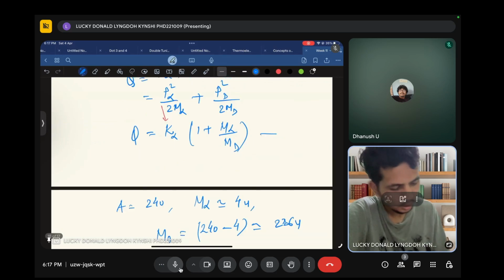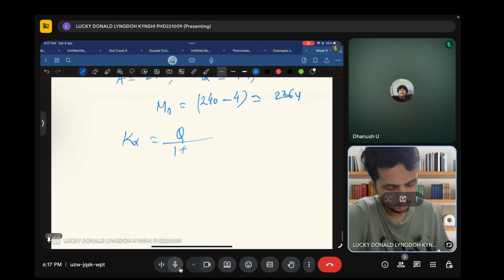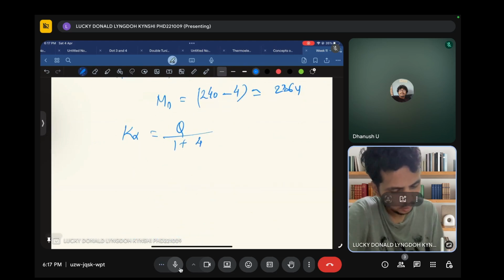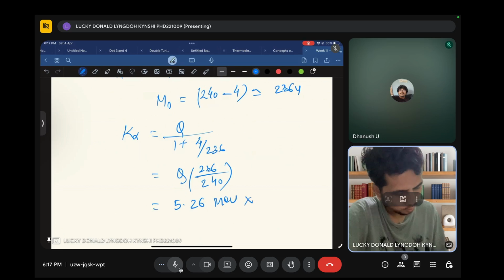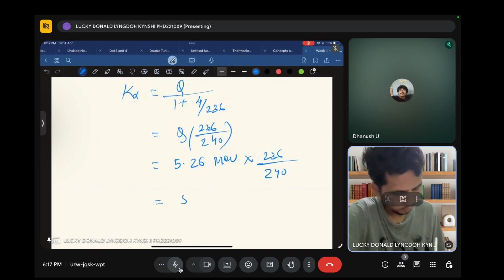You can write this as equation star. So from equation star, K alpha is equal to Q divided by 1 plus 4 divided by 236, which is Q times 236 divided by 240. And Q is already given to you from the question, 5.26 MeV times 236 divided by 240, which is approximately equal to 5.17 MeV.